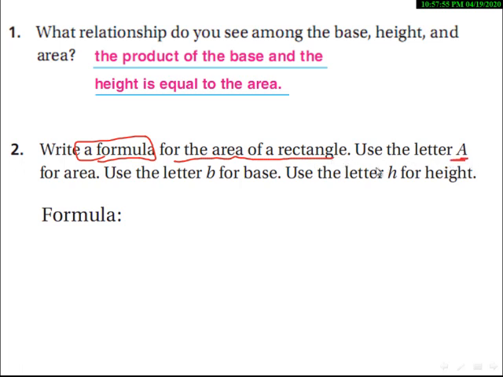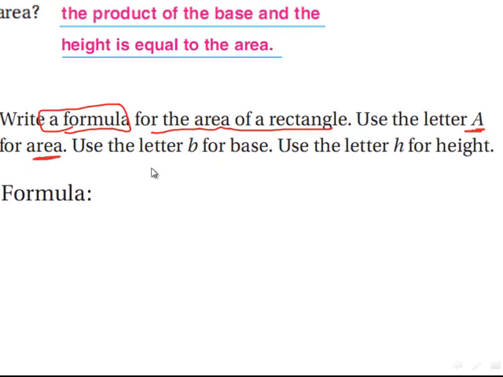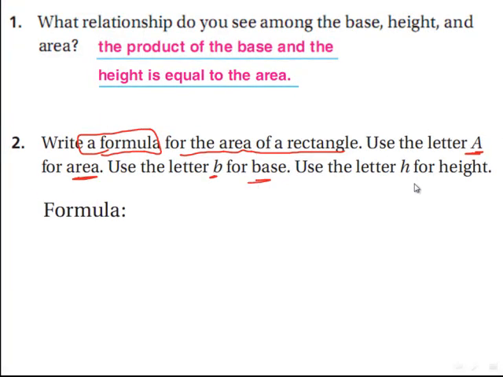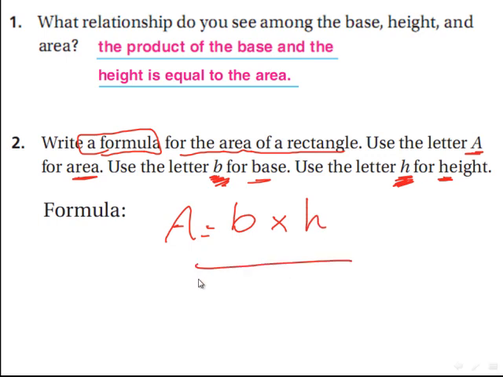Use letter A for area, letter B for base, and letter H for height. Could you write a new formula? Area equals what? Area equals base times what? Excellent, times height. This is a new formula that we have discovered to find the area of any rectangle.